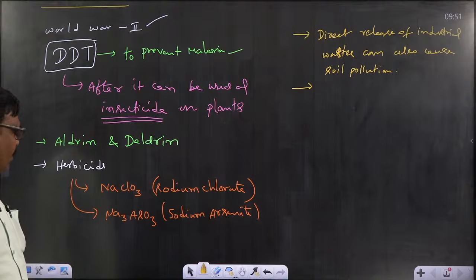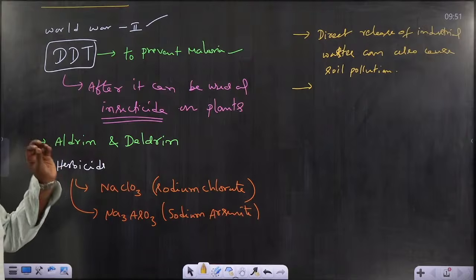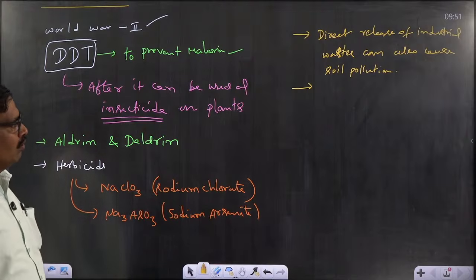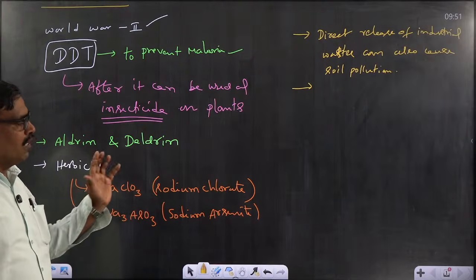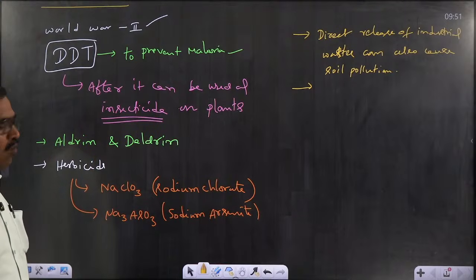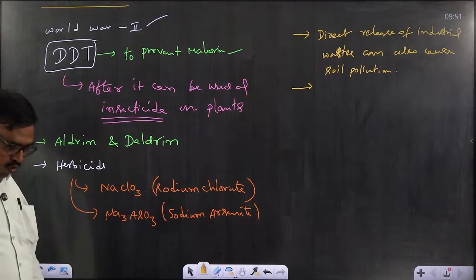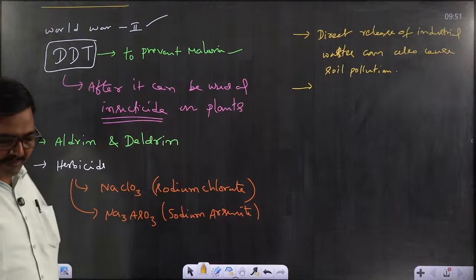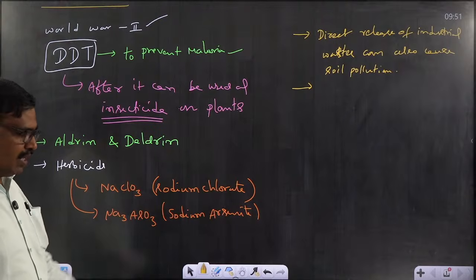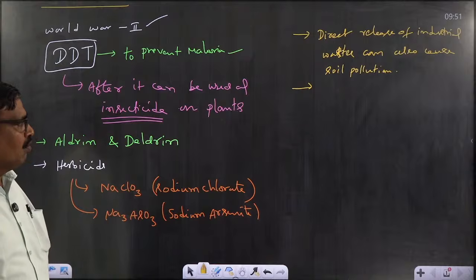And the second thing is using filtration, so that polluted water is not directly released into the water bodies. Before leaving into the water bodies, we must apply some treatment, removing the solid waste or chemicals, which will reduce the water pollution.